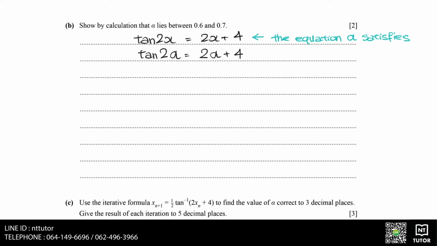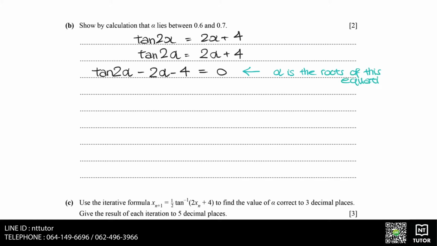If we move everything to the left-hand side, we have tan 2 alpha minus 2 alpha minus 4 equals 0, where alpha is the root of this equation. And roots are where the equation or the curve crosses the x-axis.